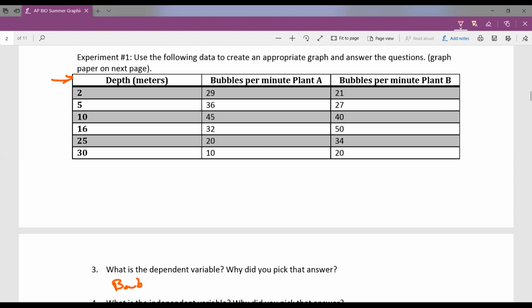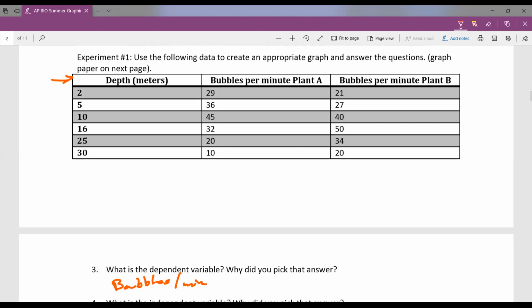Bubbles per minute. And why did you pick that answer? Because it changes, and for both of the experiments, the depth is the same. They use the same depth to find how many bubbles per minute. All right, the depth was the same for both experiments.